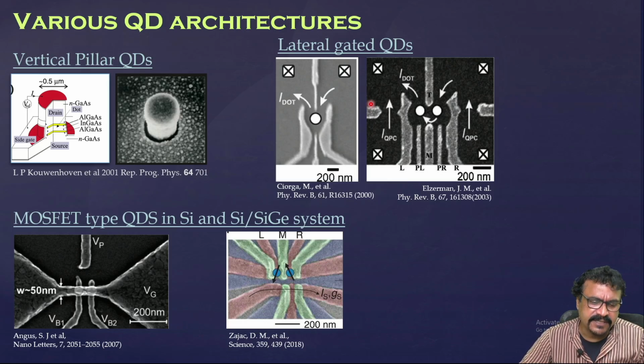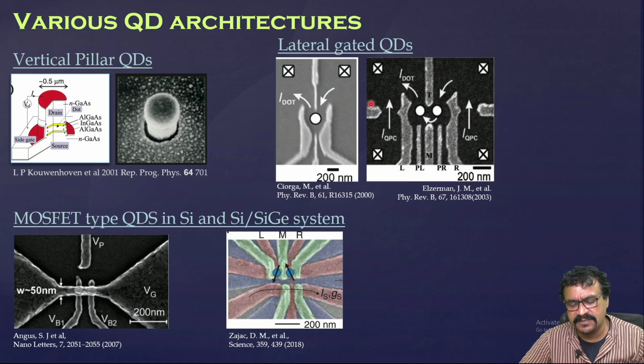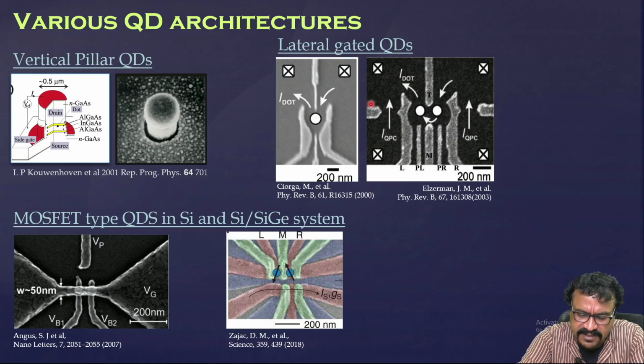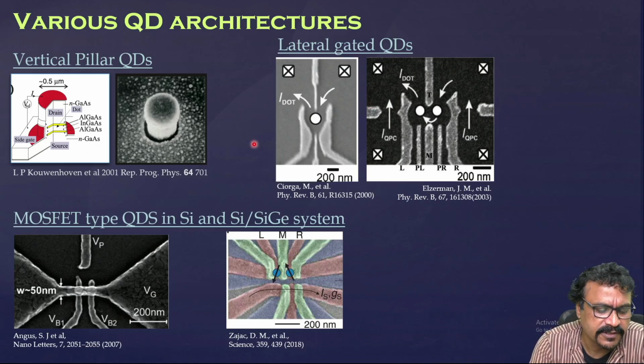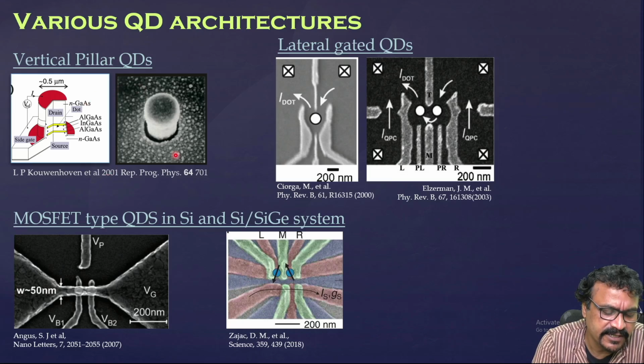Now, with this technique, you can define quantum dots of various shapes. This view graph provides an evolution, or a history, of this kind of quantum dot. The first one came in very early, late 90s or early 2000.